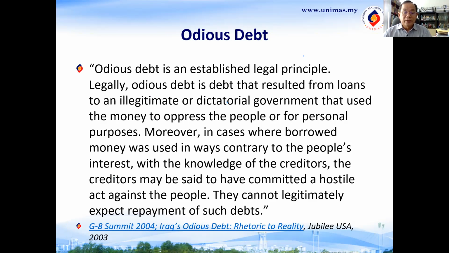Moreover, in cases where borrowed money was used contrary to the people's interests, with the knowledge of creditors, the creditors may be said to have committed a hostile act against the people, so they cannot legitimately expect repayment of such debt. That is what is called odious debt.